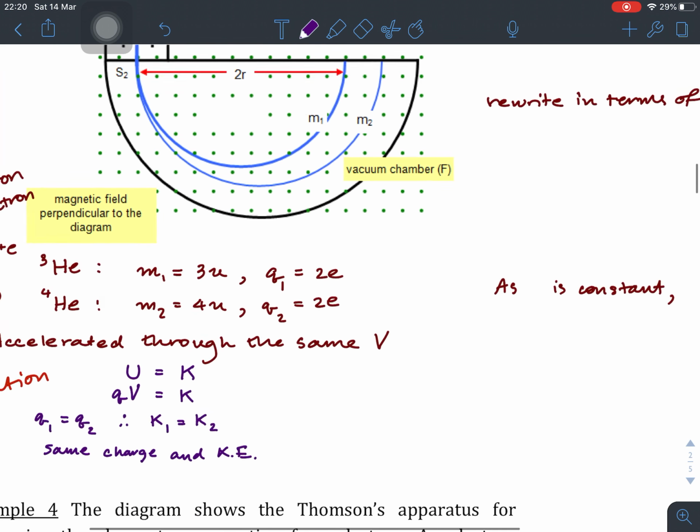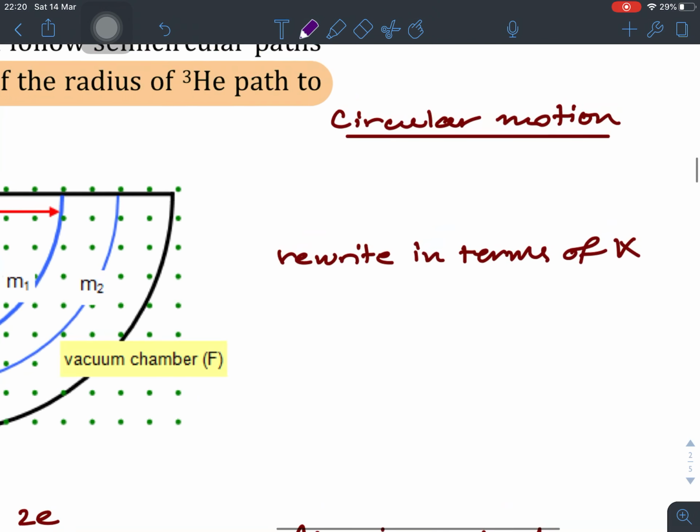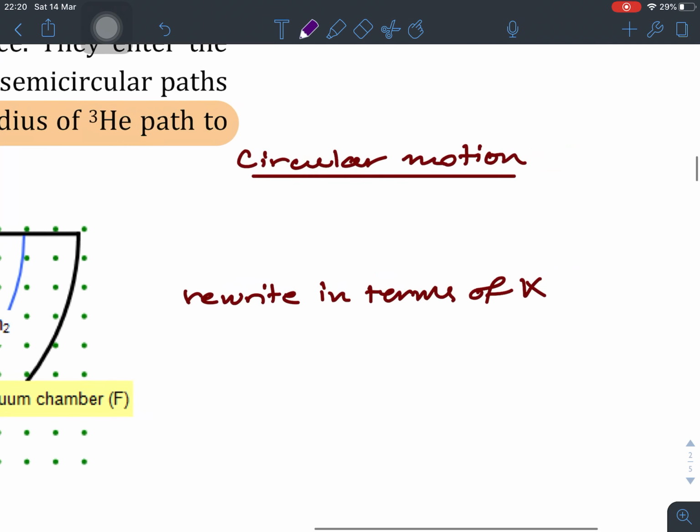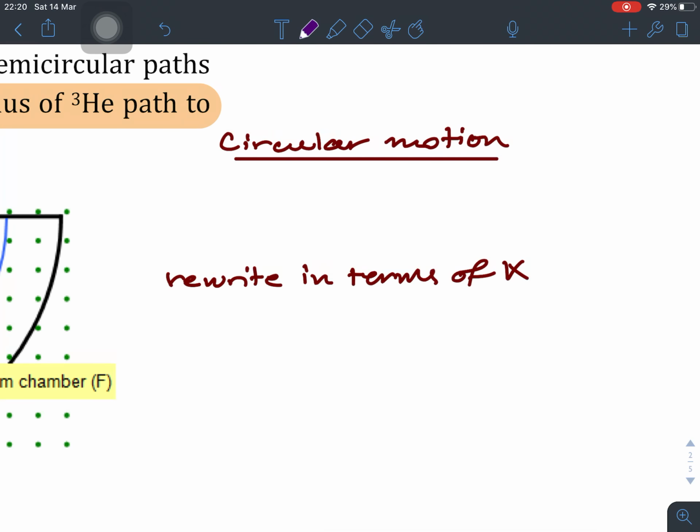And then we are going to consider the circular motion. We have proved from the first example that for circular motion under a magnetic field, the radius can be found by mv over qB.